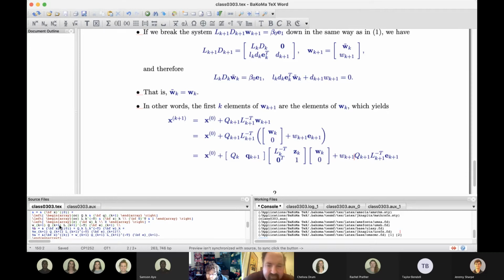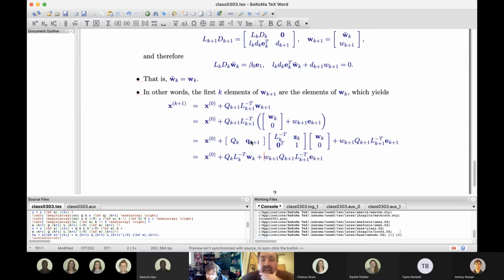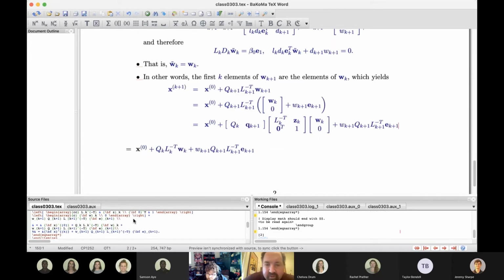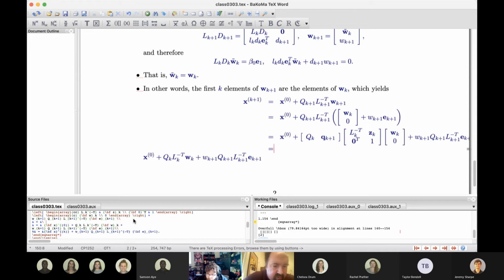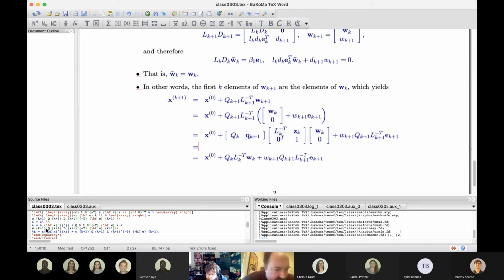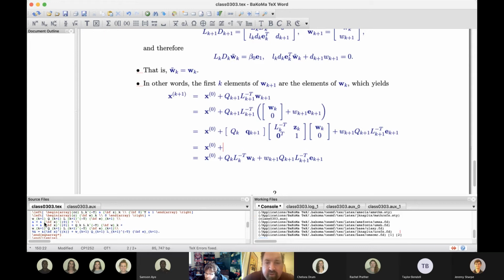Now, what can I do with this? If I carry out the matrix multiplication, so actually, I think what I'd better do is fill that in as an intermediate step. Okay. So I have x naught plus.